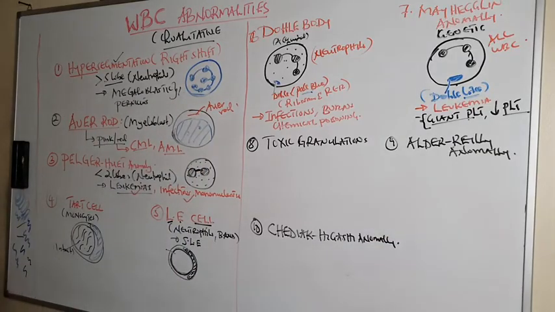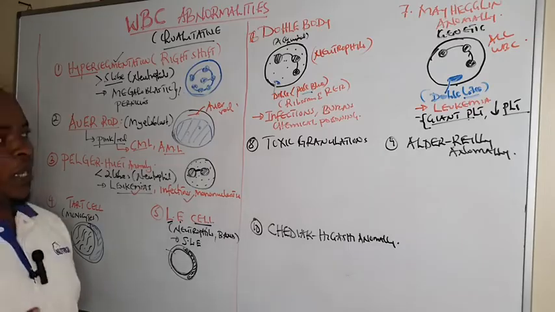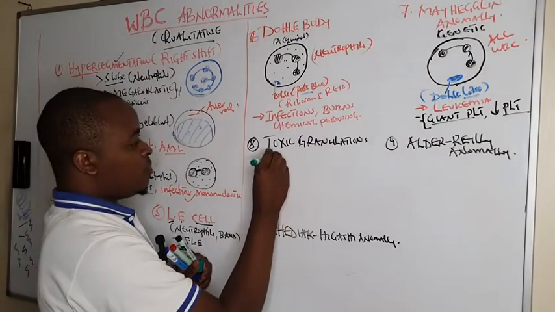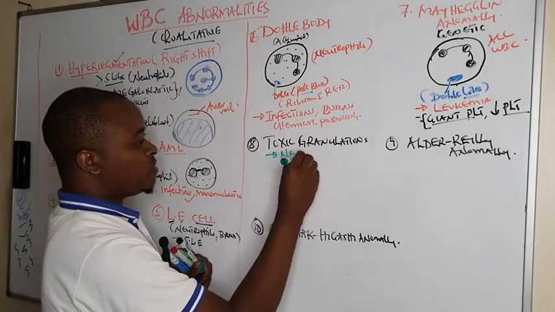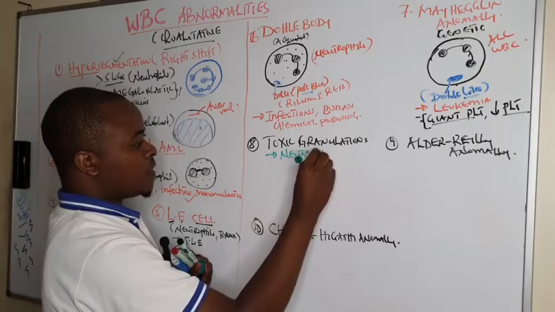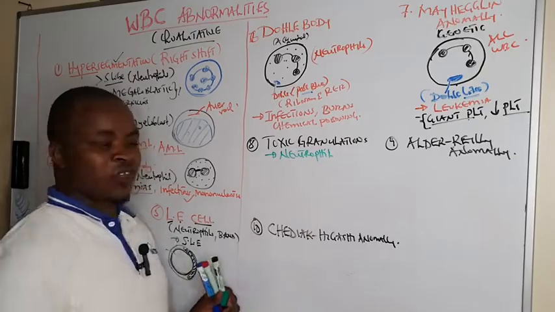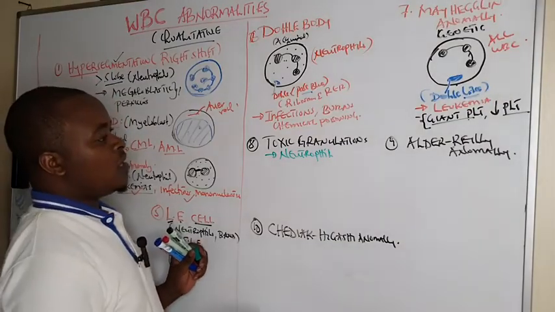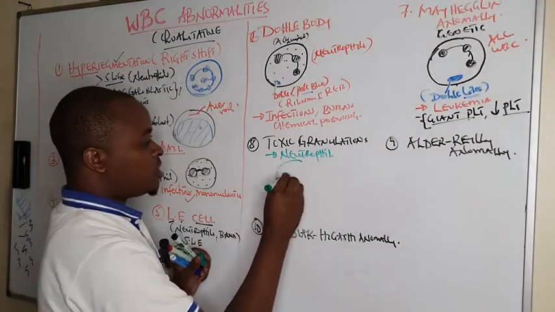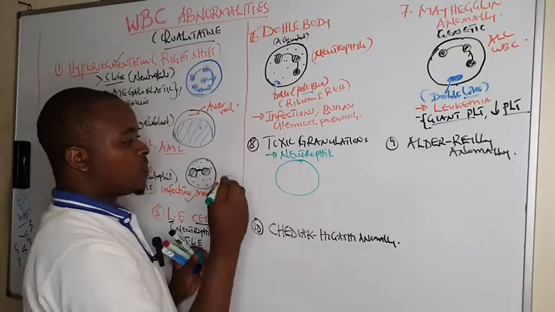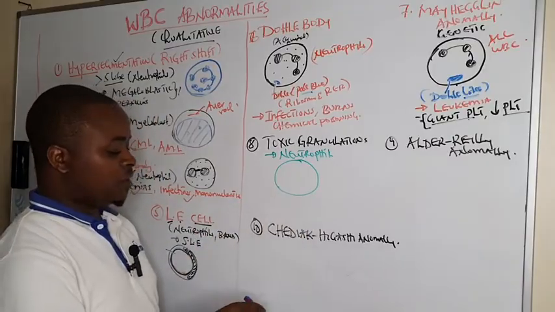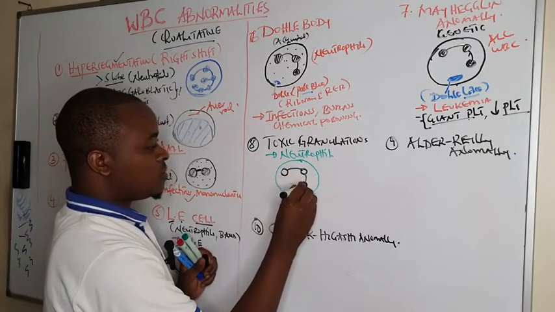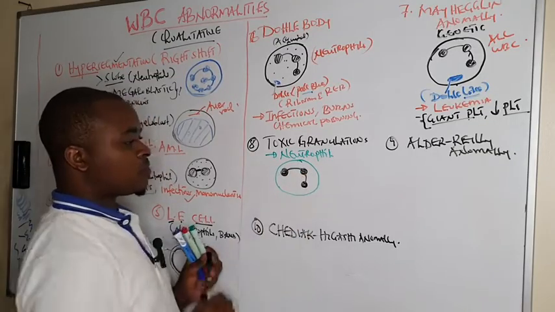With toxic granulations, they are majorly found in neutrophils and immature neutrophilic cells, like the band and the myeloblast. If this is a neutrophil, it has its normal three lobes.